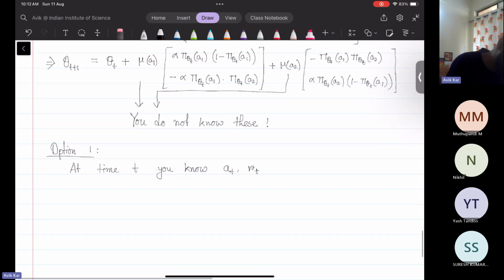So what you do is update theta t plus 1 equals theta t plus r_t times the indicator a_t equals a.